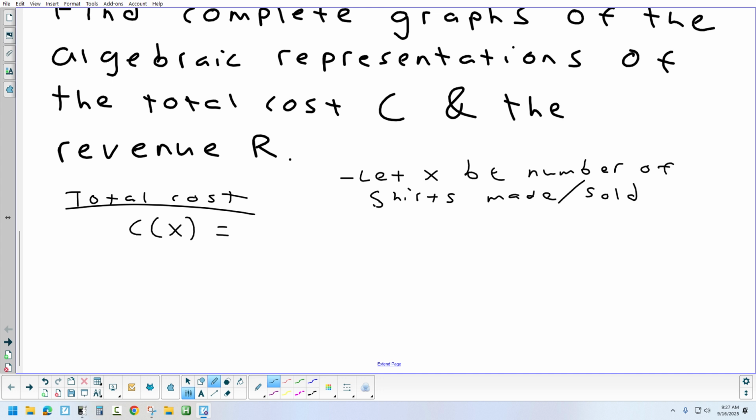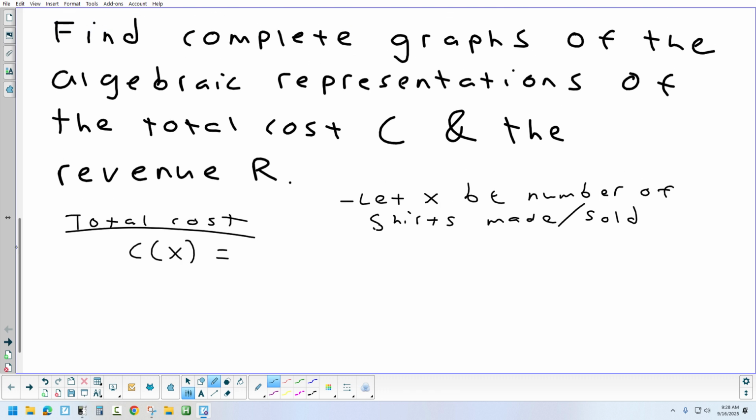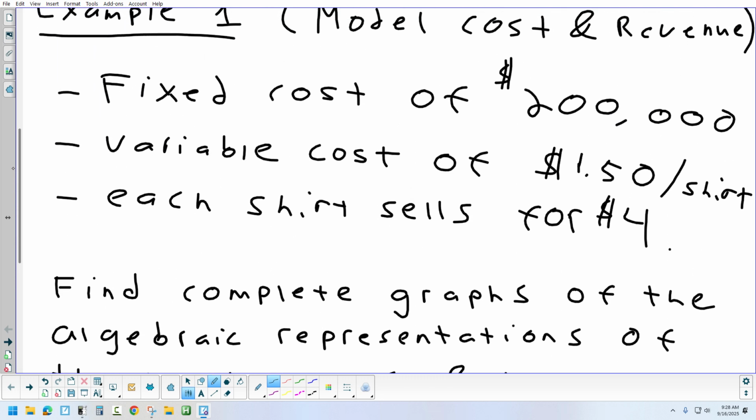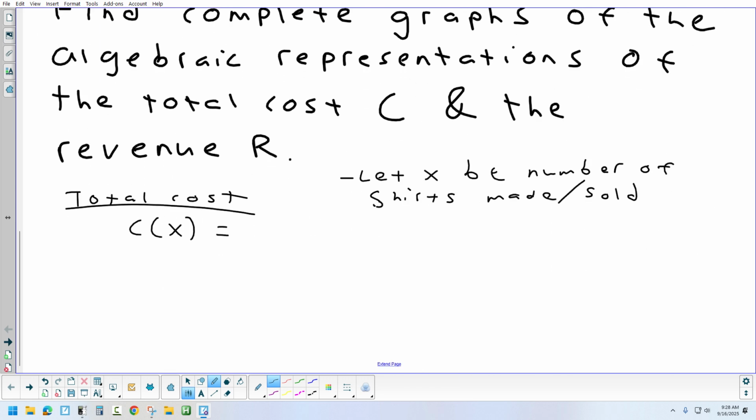All right. Let's start with the variable part of the cost. How would we represent the variable part of the cost to make a shirt? Would it be 1.50x? Yeah, because the cost is $1.50 per shirt.